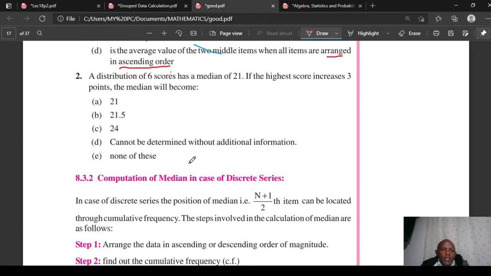The second question is, a distribution of 6 scores has a median of 21. If the highest score increases by 3 points, the median will become what?